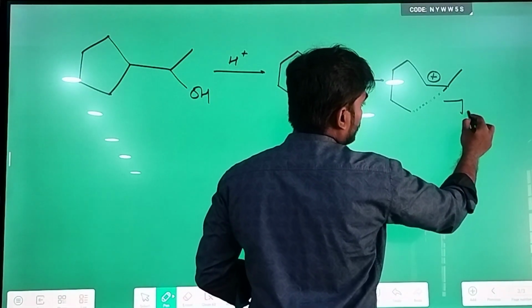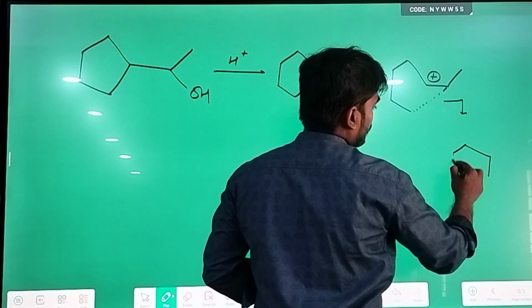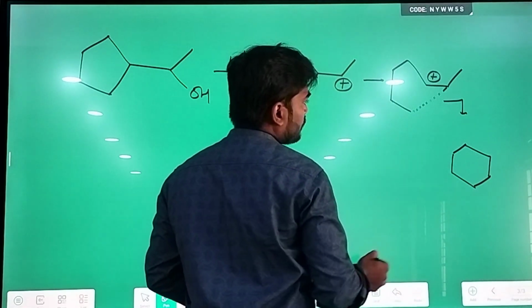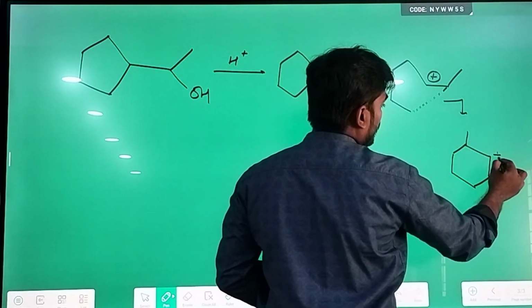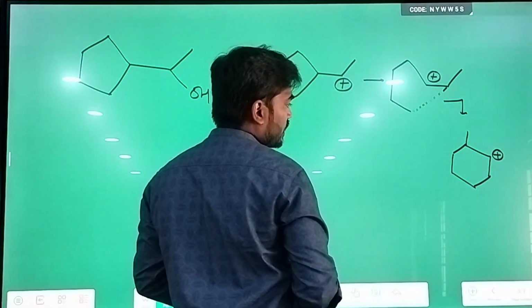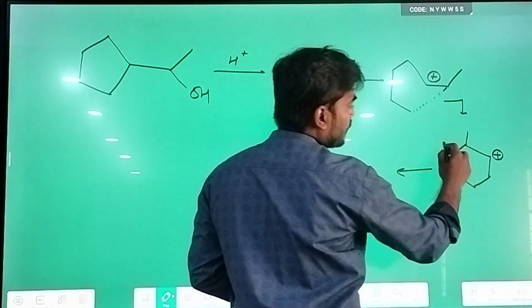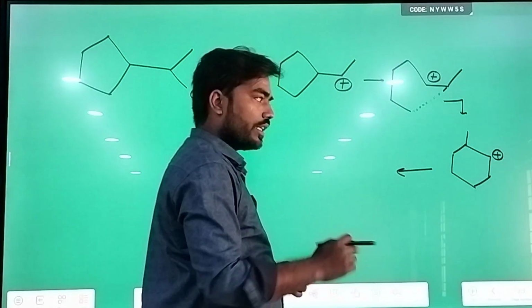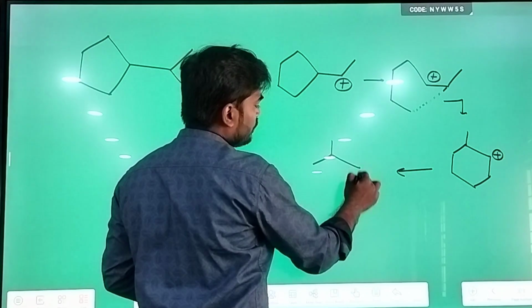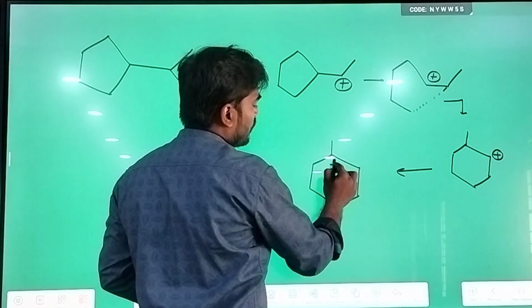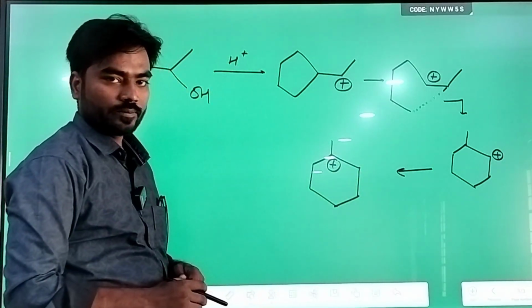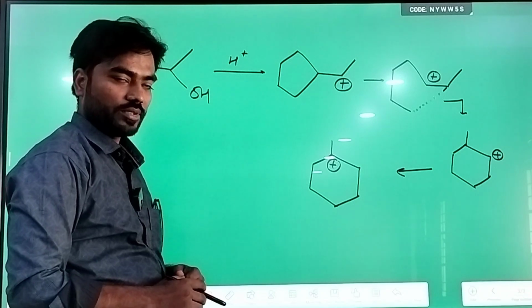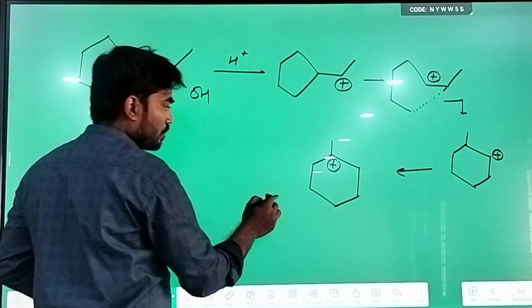So let's start here. It is the 6 carbon ring with a methyl and a positive charge adjacent to it. It will again reshift. So what will it form? It will form a positive charge here. Again the concept is of alpha H, and third degree is more stable.